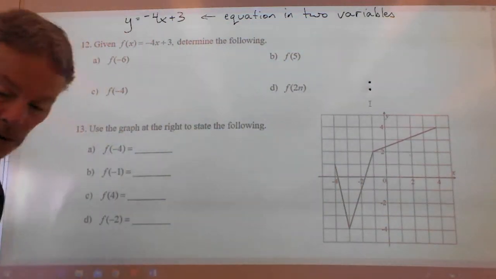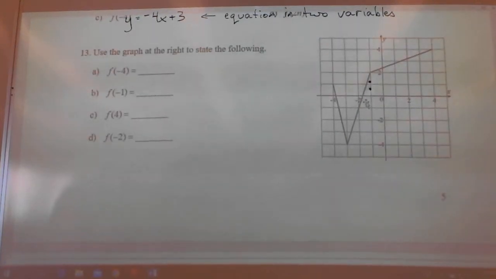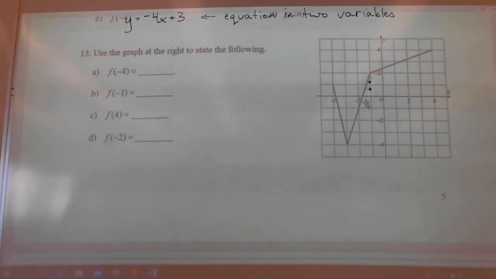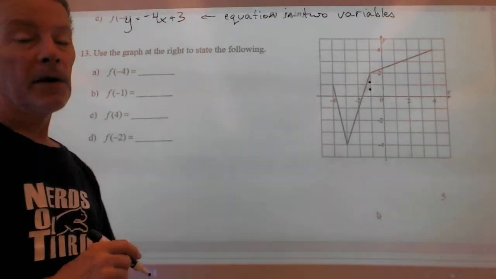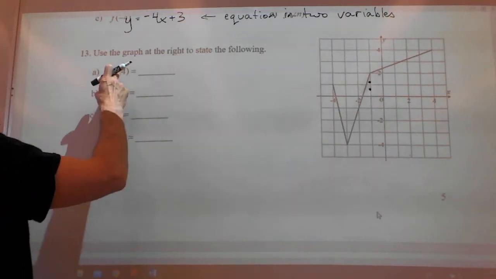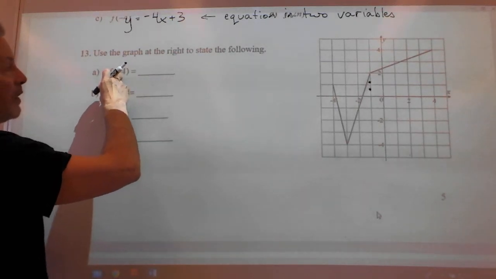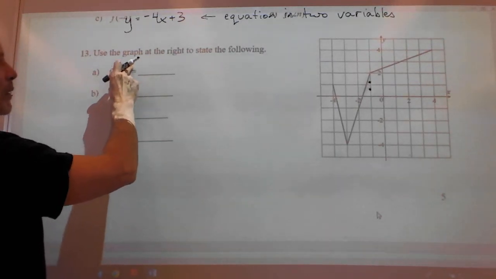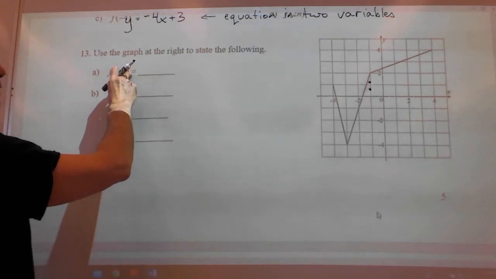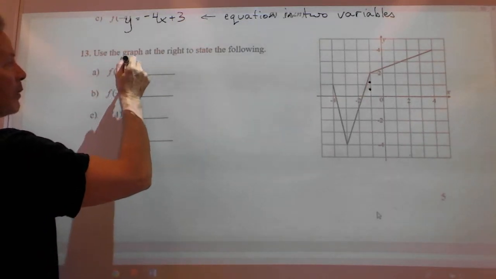Okay. We then went on and basically did the same thing on a graph. Okay? So, what they're really asking you to do is come up with a point. So they're saying, what would the value of y be when x equals negative 4? Remember, this value in brackets in your function notation is always your x value.